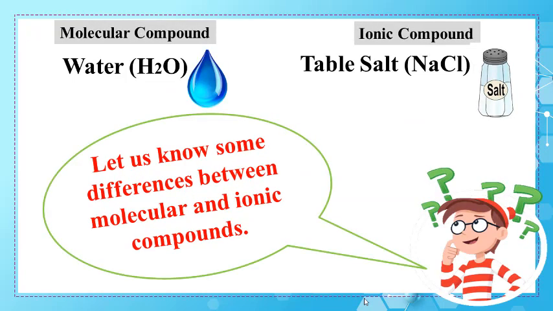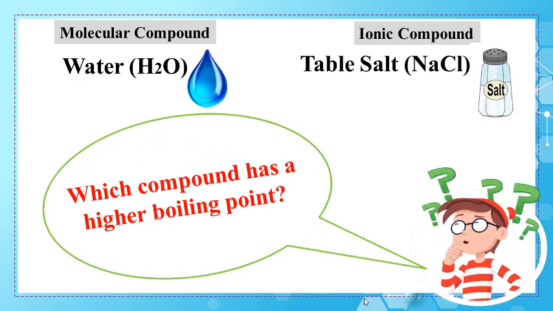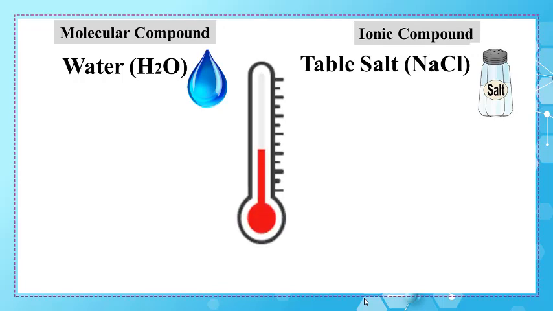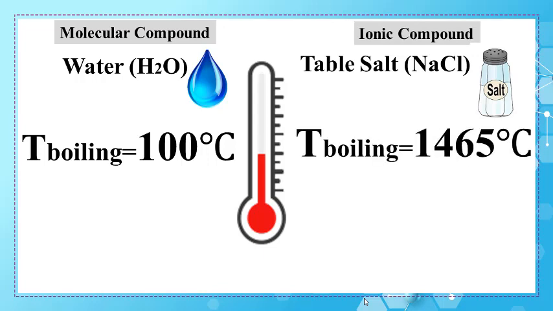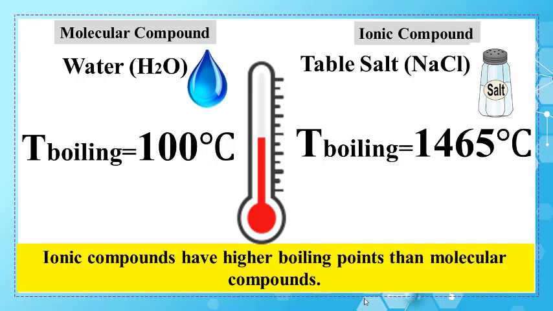Now let us know some differences between molecular and ionic compounds. First, which compound has a higher boiling point? Given that water has a boiling point of 100 degrees Celsius, while that of table salt is 1465 degrees Celsius. So we can say that ionic compounds have higher boiling points than molecular compounds.